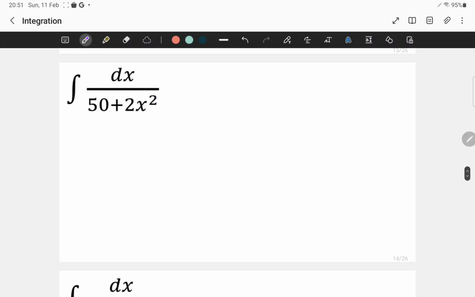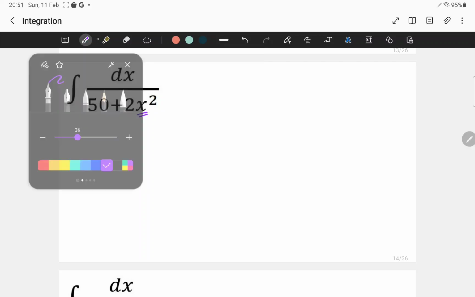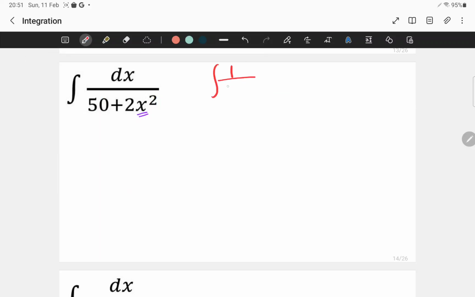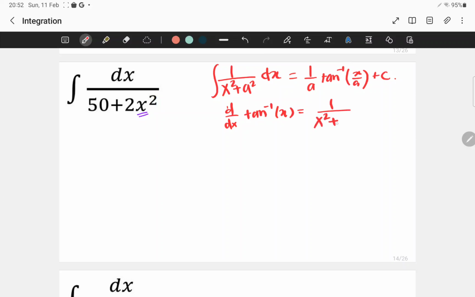Yes, let's solve this problem. When you see x square, you should think of the formula 1 over x square plus a square dx. So we just have to convert into this form. It is 1 over a tan inverse x by a plus c, because we remember the derivative of tan inverse x is 1 over x square plus 1.